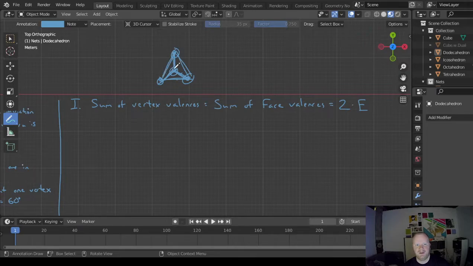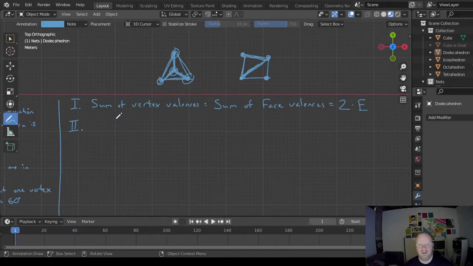So just as a reminder, vertex valence is the number of edges that connect to each vertex, so this would have a valence of 3, and the face valence is how many edges make up its boundary, so we could say 1, 2, 3 for this one. Okay, so that's the first formula that we use a lot.